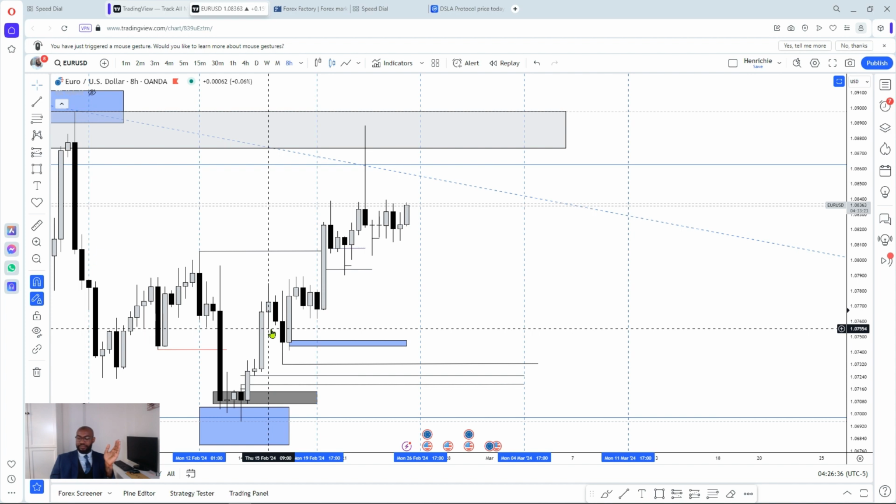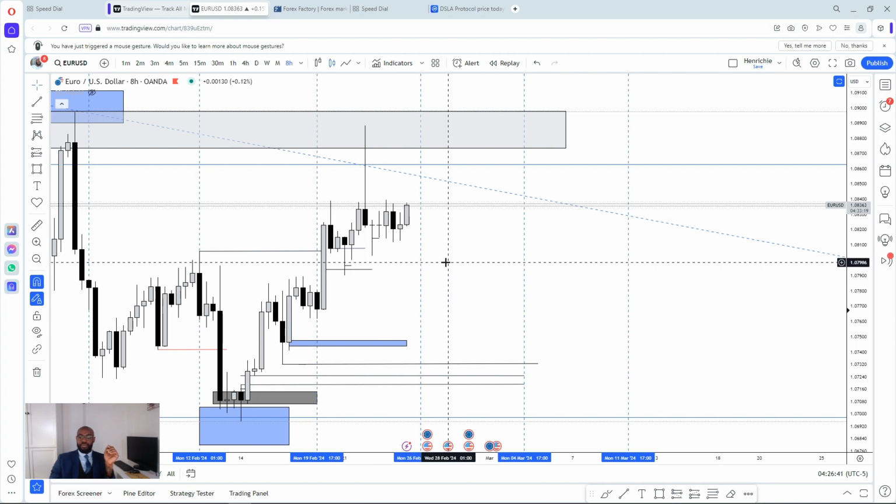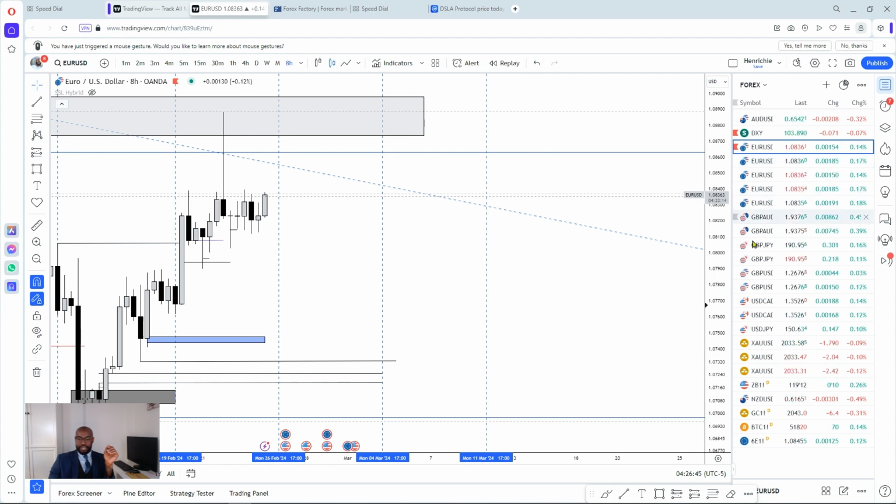So now, this is what I'm anticipating to see on the euro and also on the dollar. And I think my time's literally up.